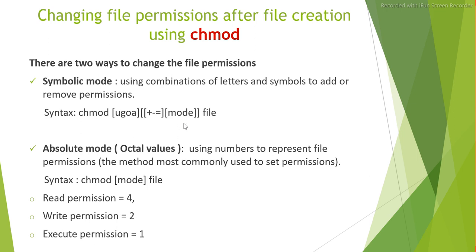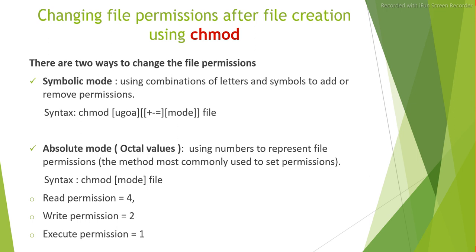So you can add, remove, or assign. Then you put the mode you want: read, write, execute, whatever you want. And then you give the file name finally. We will see an example of how it works in the symbolic mode.